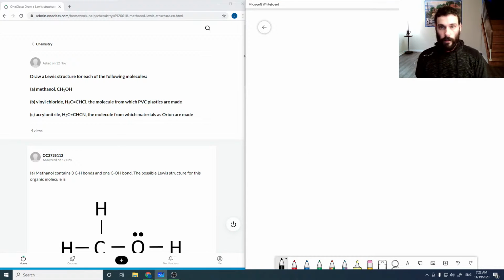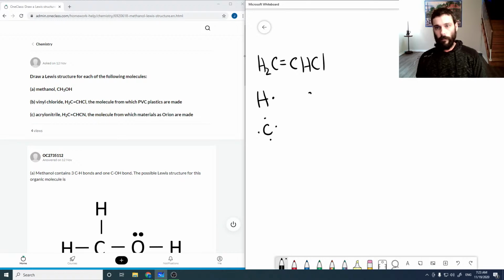So vinyl chloride is H2C, CHCl, and then we just need to identify our components. So hydrogen has a single electron, carbon has its 4 valence electrons, and chlorine has 7. But because most of them are paired, it essentially acts like a hydrogen, as it only has the 1 unpaired electron.